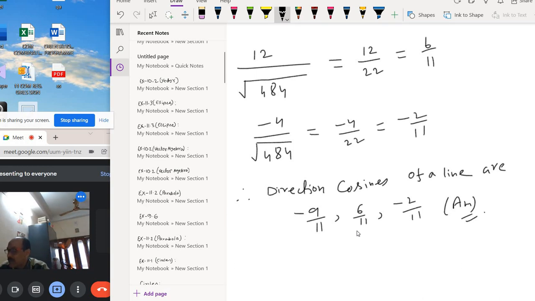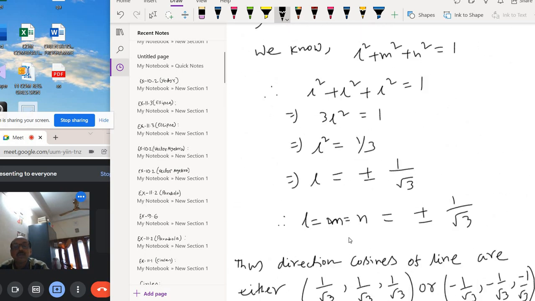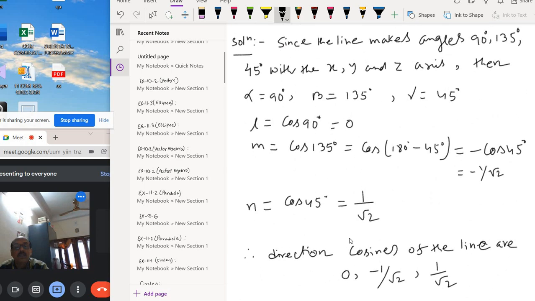And if angle is given, alpha, beta, gamma, then cos alpha, cos beta, cos gamma are the direction cosines.